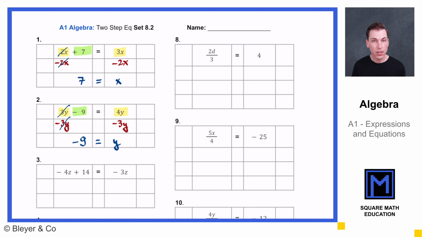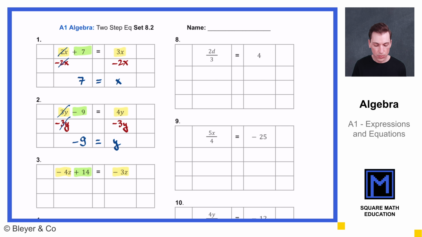We're going to carry on exactly the same idea in the next few equations. Let's highlight the variable parts, the terms that have variables, and the terms that have constants. We only have one, and here we are subtracting 4z and then adding 14, not similar terms. We're going to do the inverse operation to one of them.